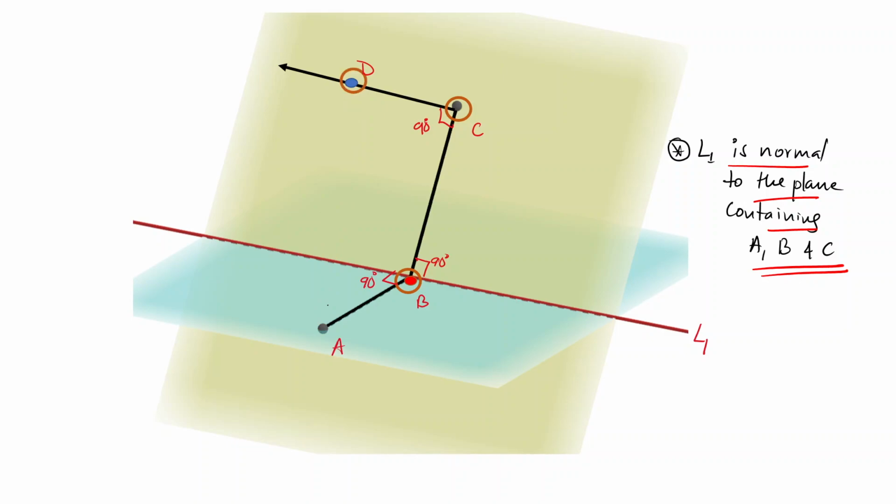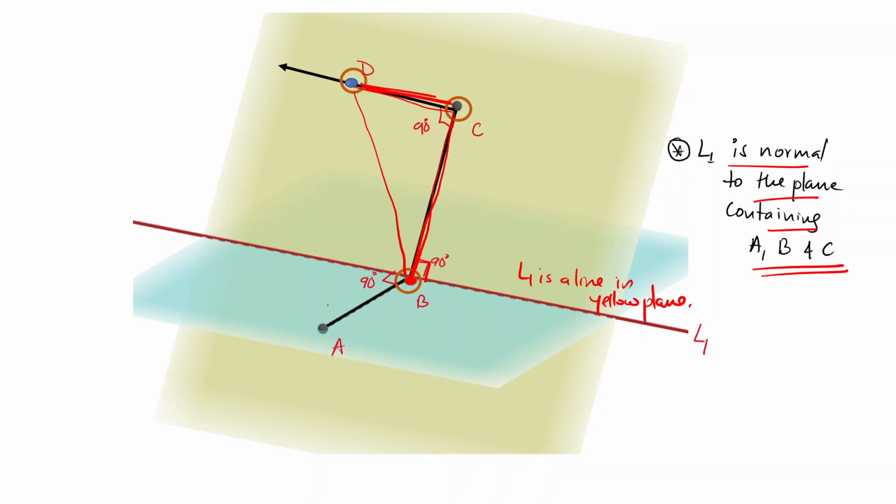B, C and D are also coplanar, because any 3 points are coplanar, and you join a triangle, make a triangle like this, and you see that BC is perpendicular to L1, and CD is also perpendicular to L1, because L1 is a line in the yellow plane.